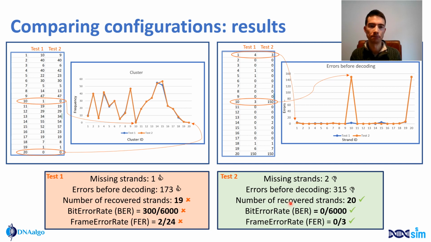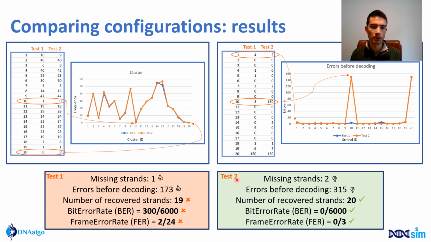So in this case, for test 1, after the clustering and trace reconstruction operations, we have one missing strand and 173 errors before the decoding is applied. On the contrary, on test 2, we have 2 missing strands and 315 errors, as it is shown also on these graphs and data sheets.